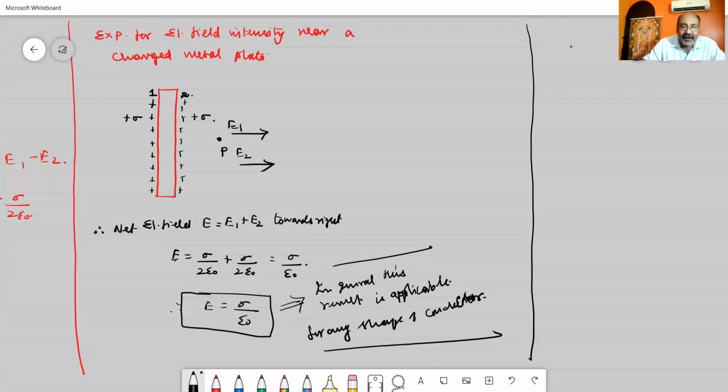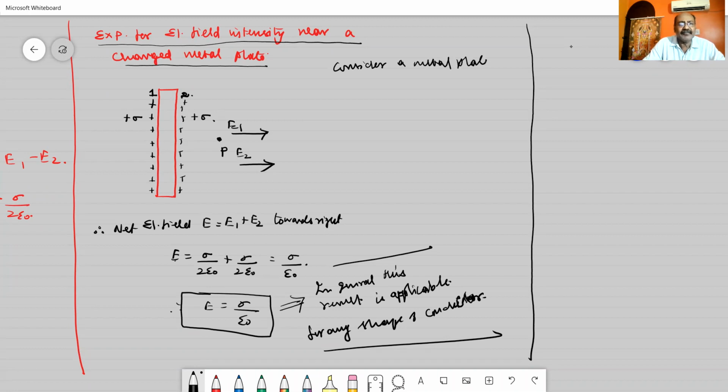But the final one is the expression for electrical field intensity near a charged metal plate. So consider a metal plate as shown in the figure, with positive charges.